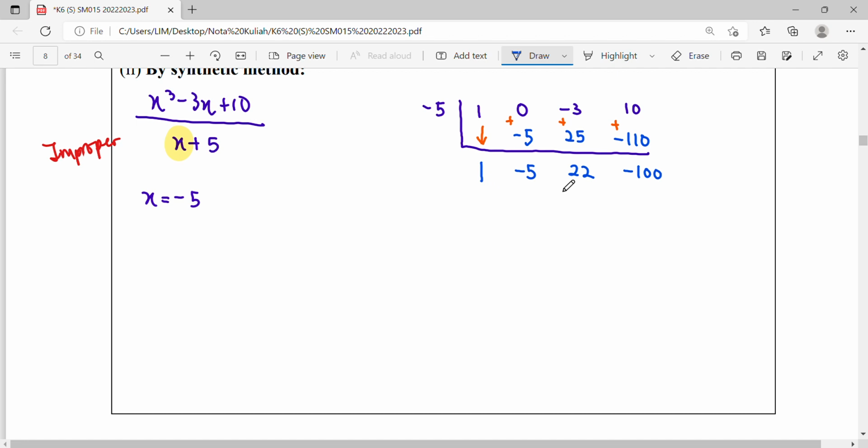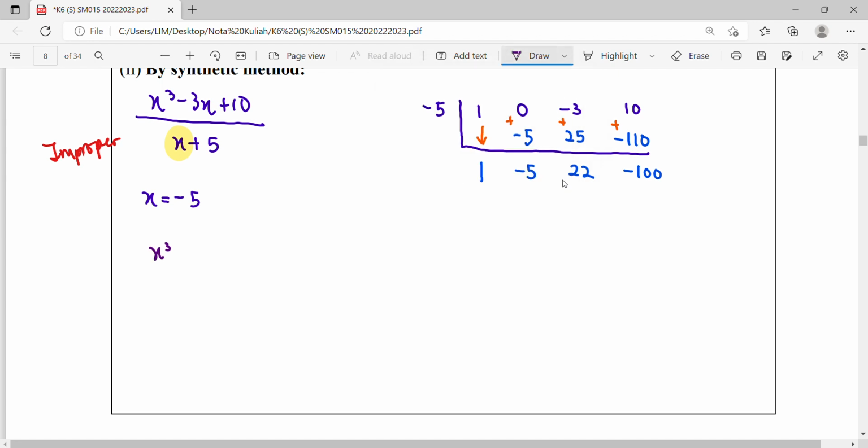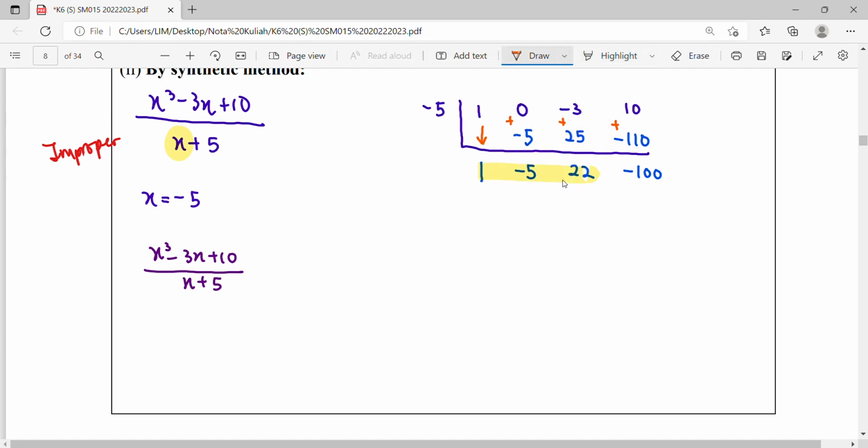So how are we going to write our answer here? x cubed minus 3x plus 10 over x plus 5. This part will be our divisor. This part will be our quotient. The value at the back here will be our remainder.